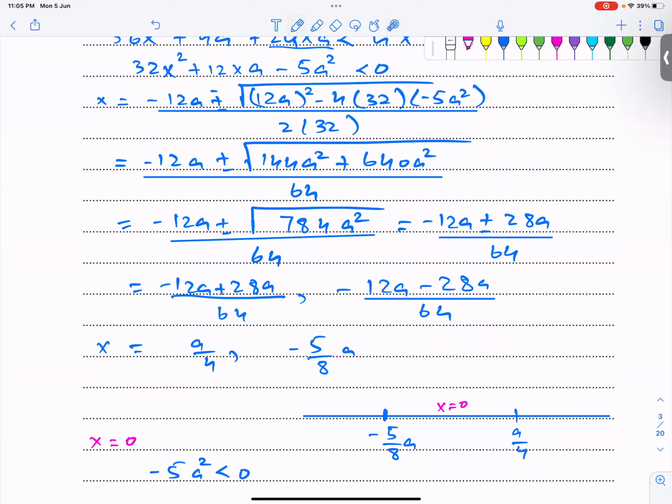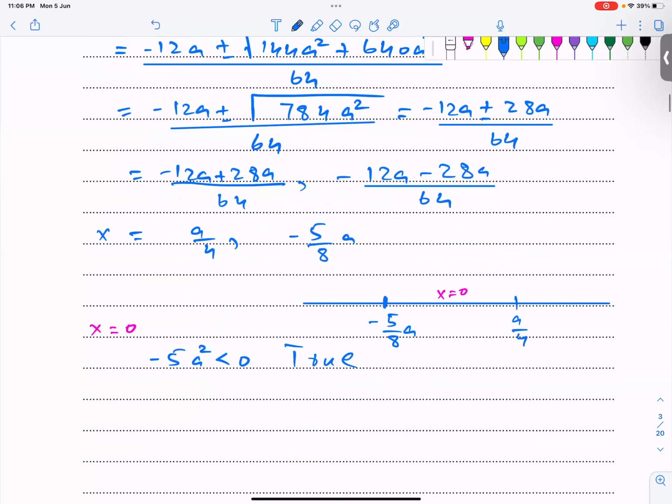As a is positive, this statement is true because if a is positive, then its square is positive, then 5 times that value is positive. If you multiply it with negative, the answer will be negative. So this means that this inequality is true. Now you will test the other points. You can test x equal to 1, and any value greater than a by 4.